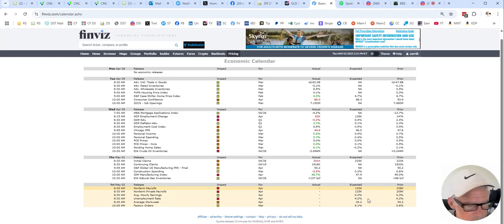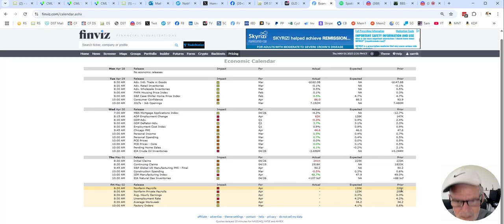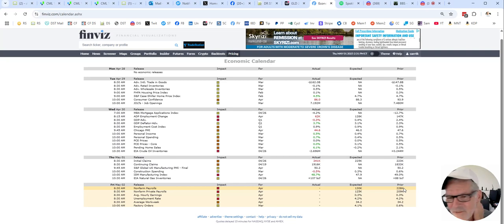So non-farm payrolls, you have your private and public government jobs together, and then you have your private payrolls. Let's just look at the one together. Last month was 228K. That was above expectation. I don't know why, but it was. That's fine. We want to see good jobs, a lot of jobs created. That's good for the economy.